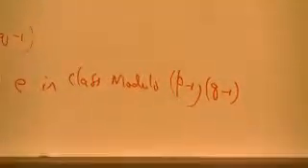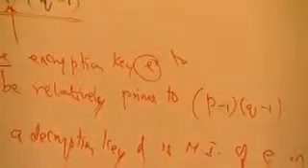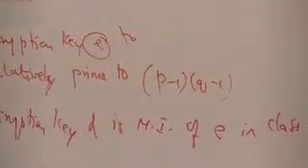When I saw the example from last time, choose the decryption key that is a multiplicative inverse of 11 mod 120. 120 is the P minus 1 times Q minus 1.